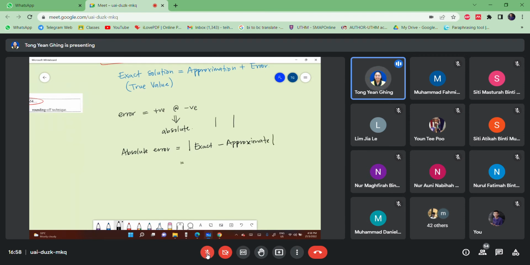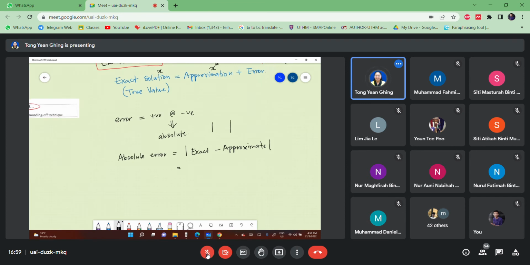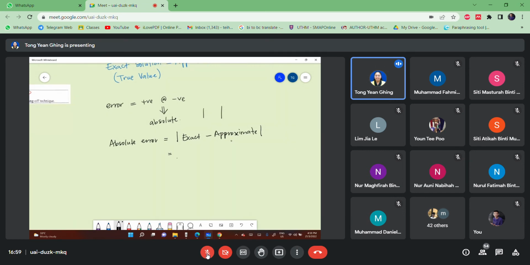Katakanlah saya jadikan exact solution ni sebagai X. And this approximation is, let's say we use it as X asterisk or star lah kira. So become this one. So this is a absolute error.